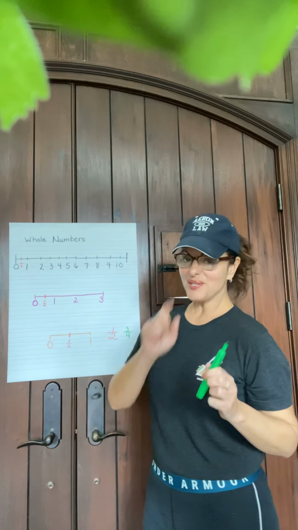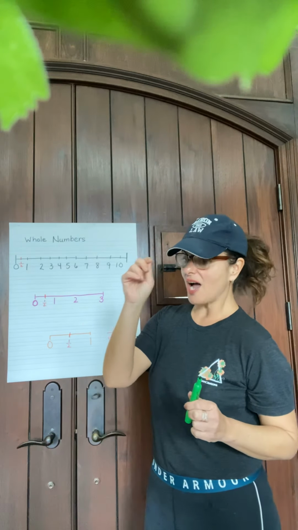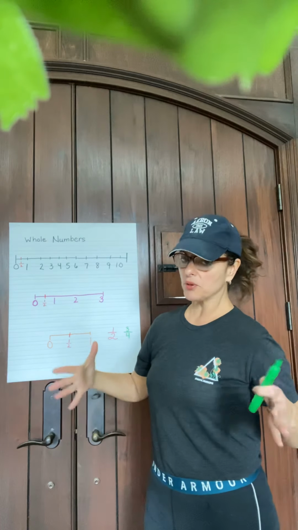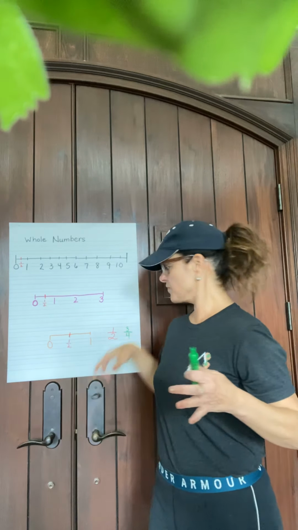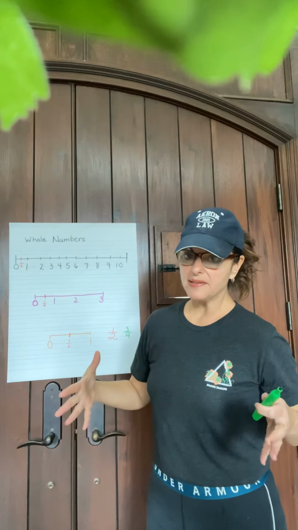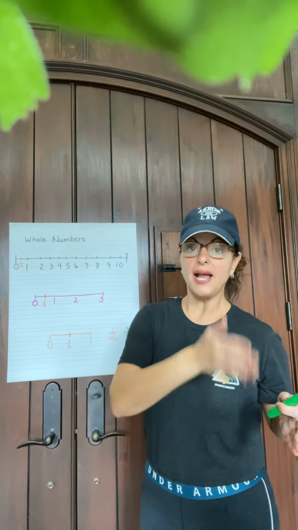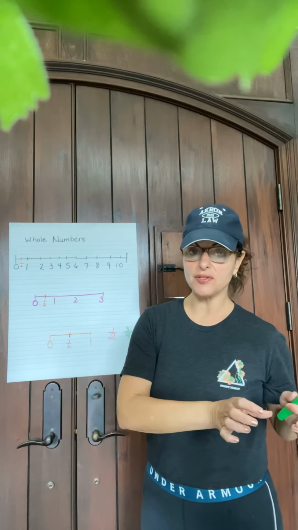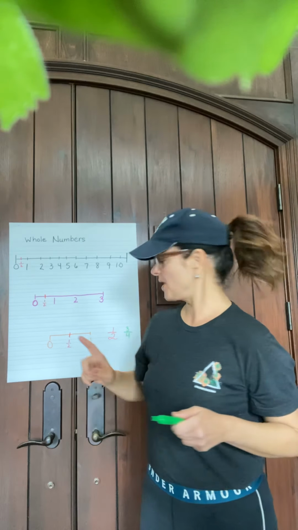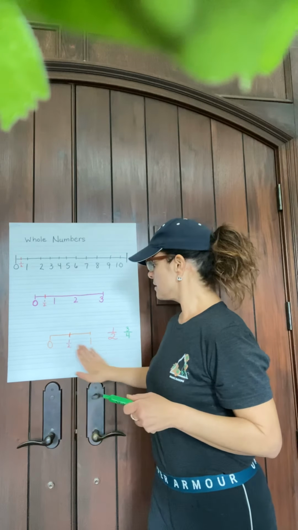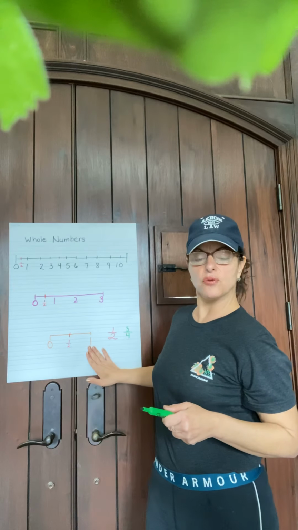Now, this is something that my class and I talked about a lot. When you're dividing a number line into fourths, don't draw 4 lines. If you draw 4 lines, you will get 5 parts. So how many lines would I have to draw to divide my number line into fourths?